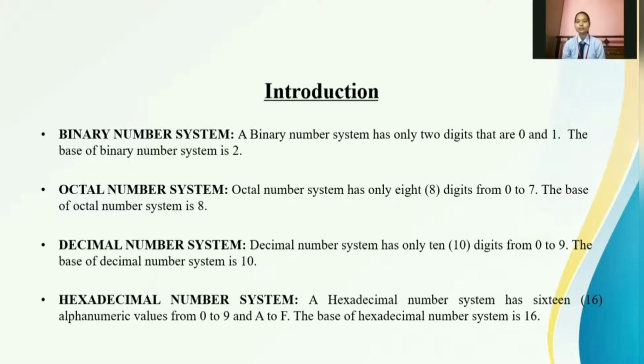Decimal number system has only 10 digits from 0 to 9. The base of the decimal number system is 10. Hexadecimal number system. The hexadecimal number system has 16 alphanumeric values from 0 to 9 and A to F. The base of hexadecimal numbering system is 16.